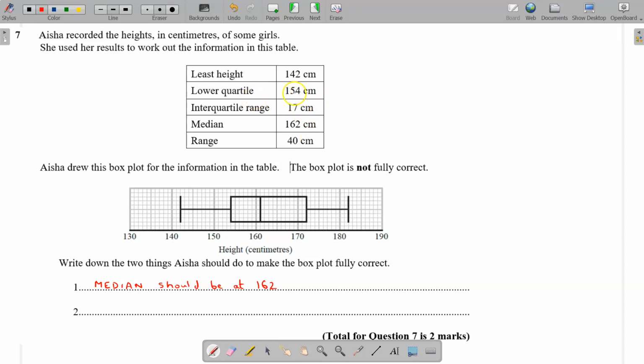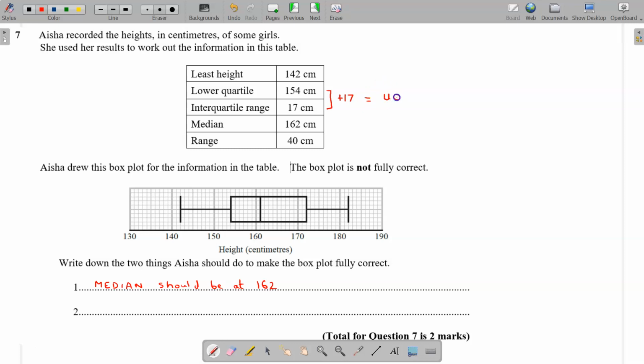You've got the lower quartile at 154. Okay, the interquartile range is 17. So that means that the distance between the lower quartile and the upper quartile is 17. So if you add 17 onto that, okay, you get the upper quartile.